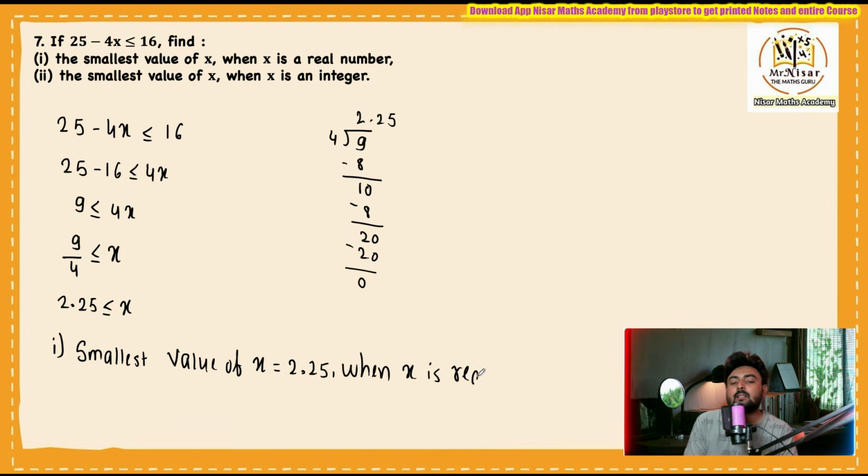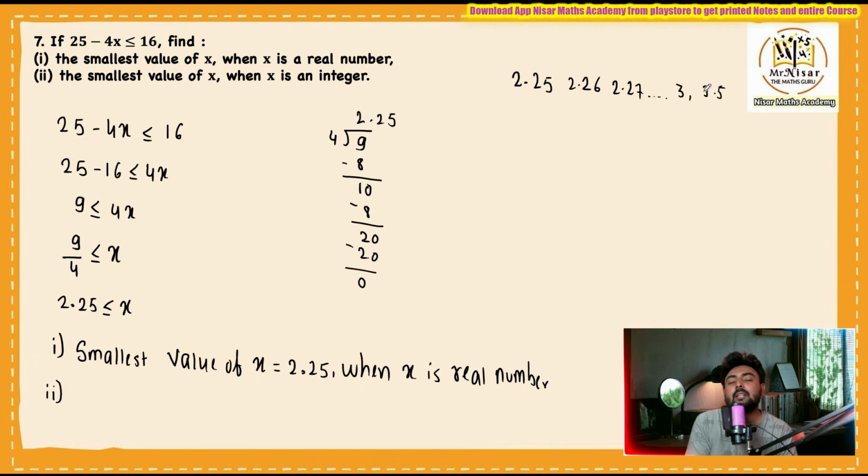And what is the next answer here then? Here we were talking about real numbers. Now when I say integer, you see your x starts from 2.25 and goes greater than 2.25. So 2.25, then 2.26, 2.27. It goes on, then it will be 2.5, then 3, then 3.1, 3.2, 3.5.